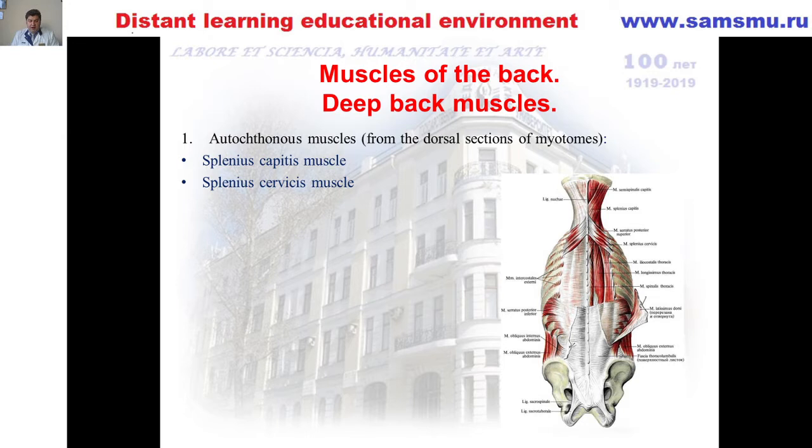In the deep parts nearest to the skeleton, they are made up of short muscles arranged in segments between the vertebrae. This is the medial tract. The long muscles are closer to the surface. This is the lateral tract. In addition, the splenius muscle covers both tracts in the posterior cervical region.